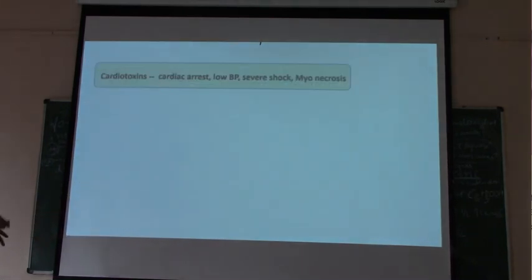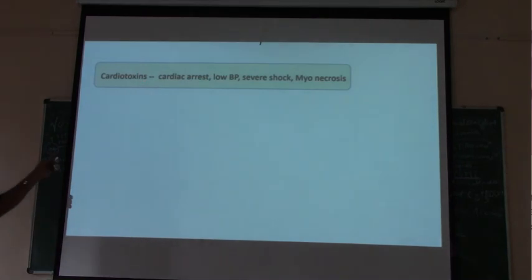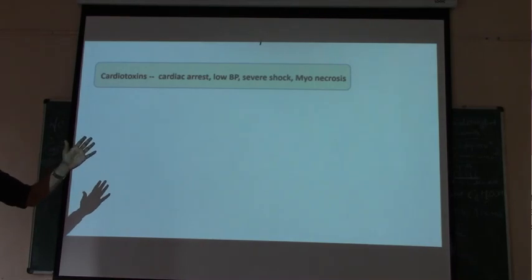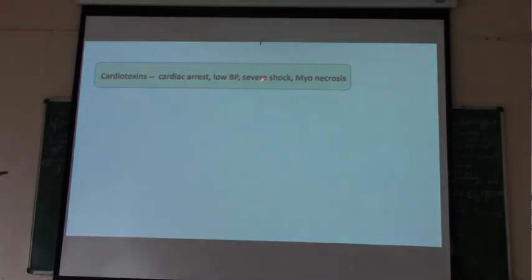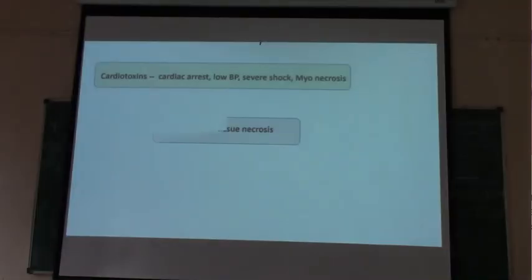And the last two we have are cardiotoxin, the venom in which cardiotoxins are more active. Again you have nausea, cardiac arrest, low blood pressure, severe shock, myonecrosis. All this is because of cardiotoxins. Now the last thing here is cytotoxins.